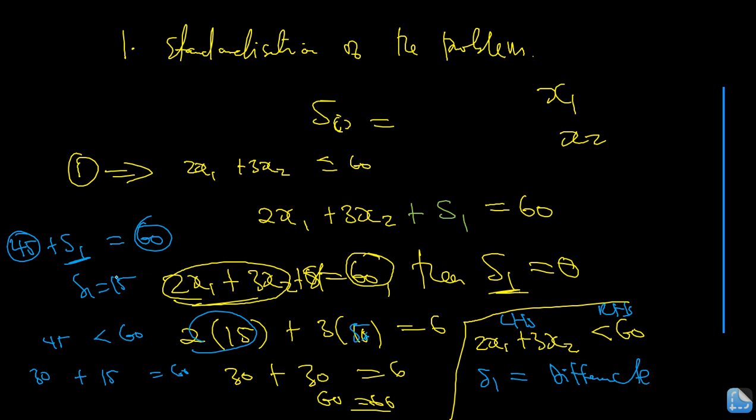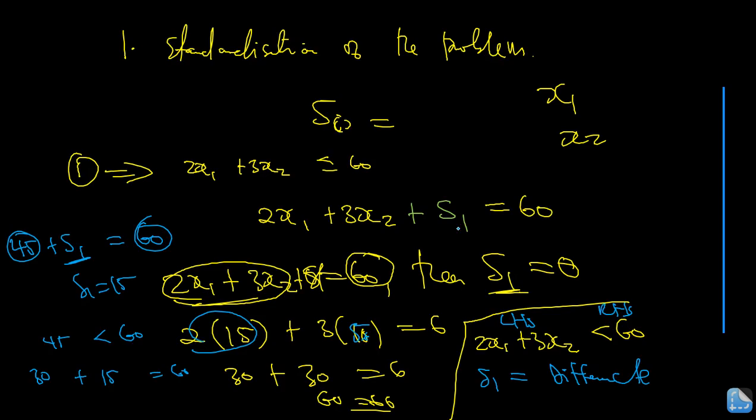Now, this s1 that we have in our equation can take on any values from 0 all the way to 60 in our first inequality. For example, if x1 is 0 and x2 is 0, then s1 will take on 60, so that the left hand side and the right hand side balance.